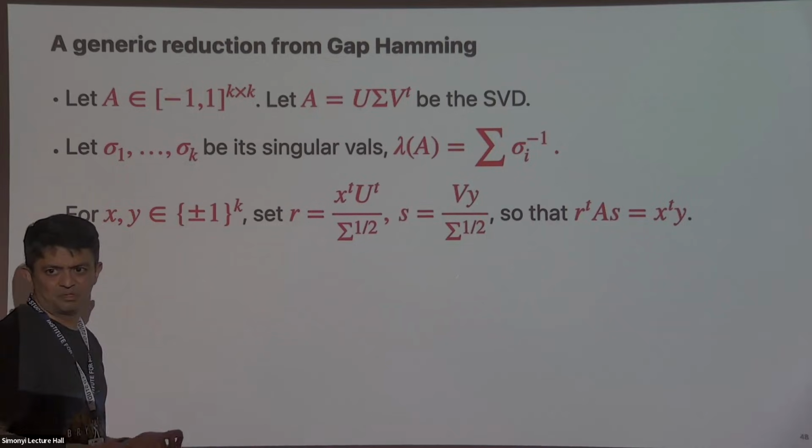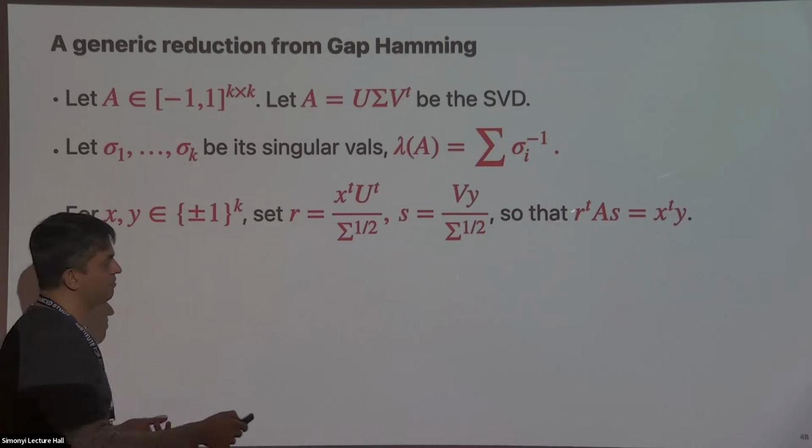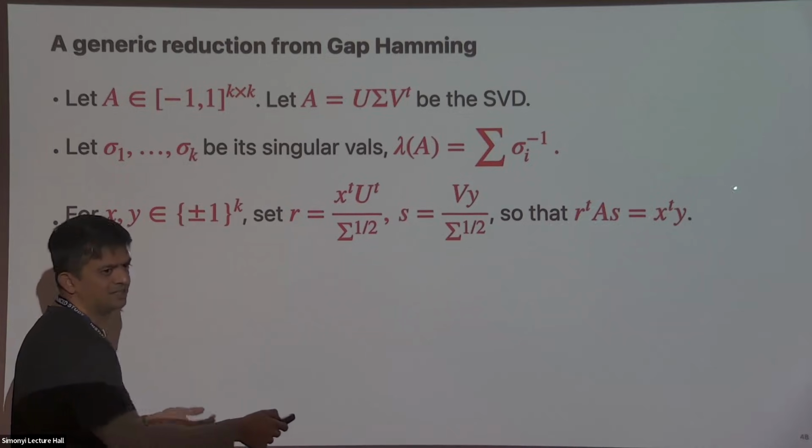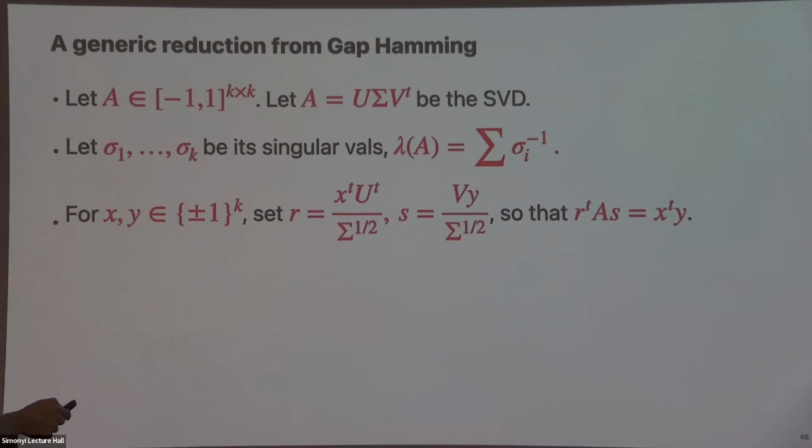This is kind of the most symmetric form that we could think of, which gives us this very easy identity that R transpose A S is just X transpose Y. So what's going on is U transpose and U give you identity, V transpose and V give you identity, and then you have 2 sigma raised to halves, they cancel out the sigma. So it's something technical, but it works, right?